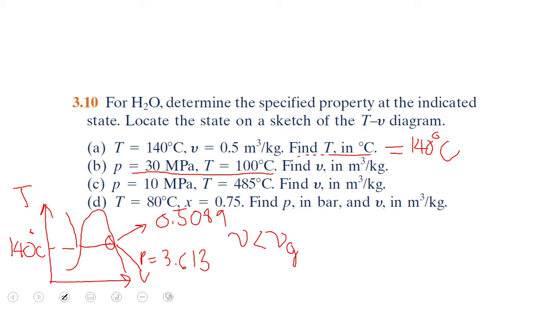Now this pressure is very high, which means that this is not boiling water. It might be liquid or it might be solid. So again, let's draw the TV diagram for part B.